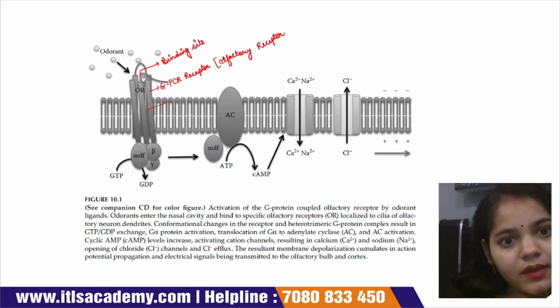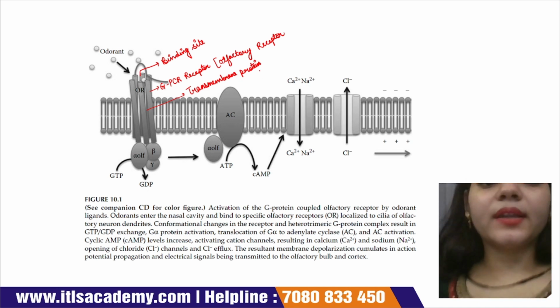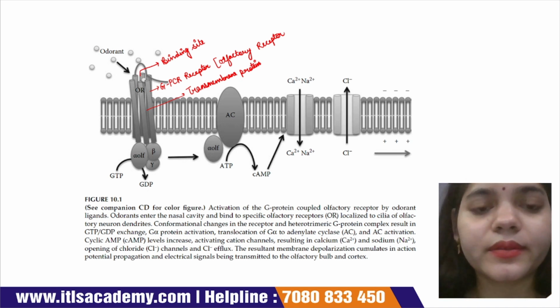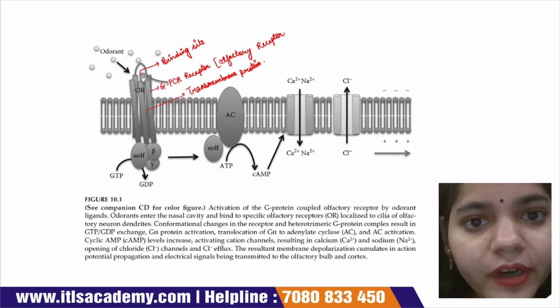And these are the transmembrane proteins, and the number of transmembrane proteins is 7.